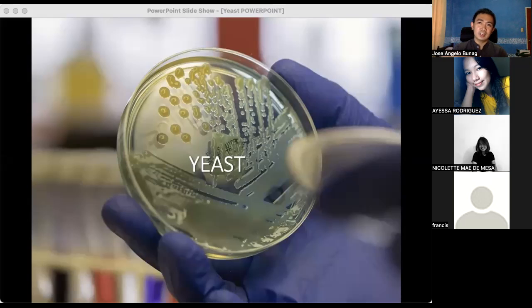Actually, nabigay ko na sa inyo yung background ng mga fungi natin last time. So if you could still remember yung mga molds ninyo na papaduparin natin sa laboratory, based on their appearance, their physical characteristic, they are fuzzy or woolly in appearance.